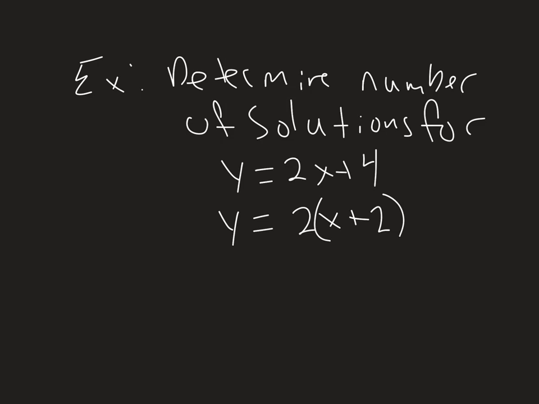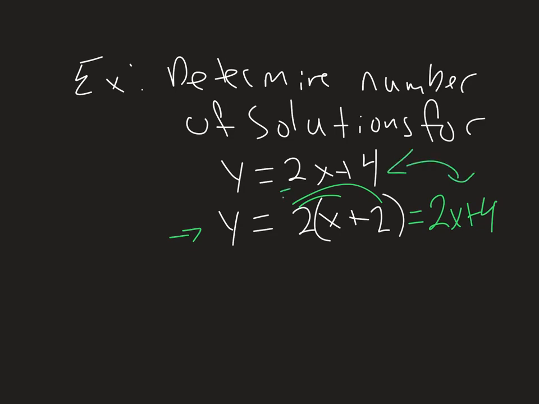And now if we look at a third example, this one's a little bit tricky, sometimes a little tough to see. If I look at this second equation here, I could distribute this 2 in, and then this would be equivalent to 2x plus 4. Usually you'll have to do a little algebraic manipulation, and once you do, you'll realize that those are exactly the same.